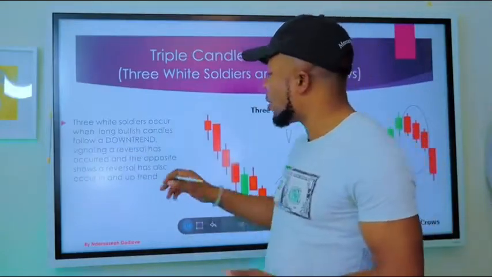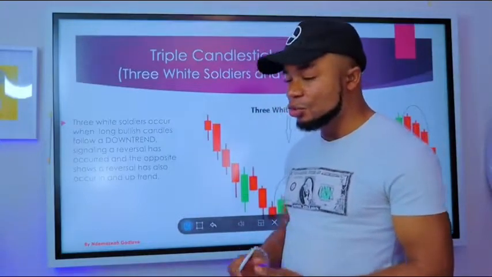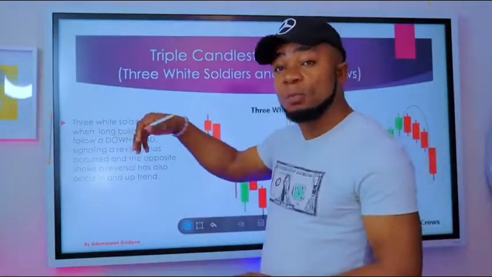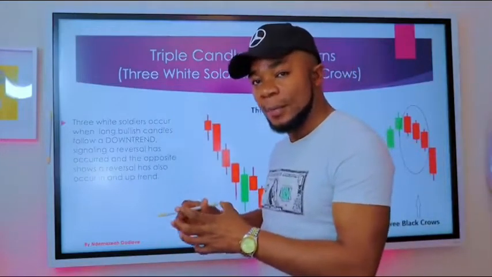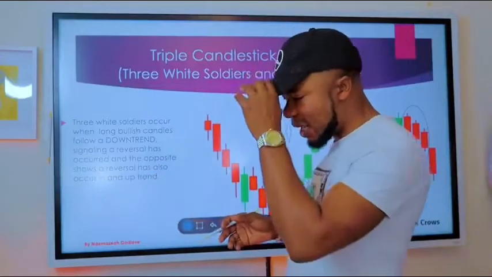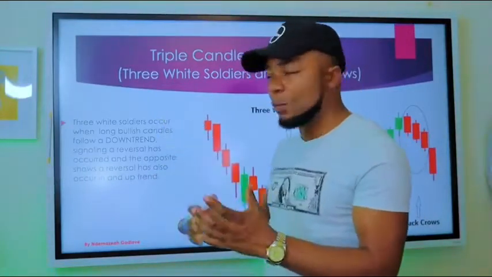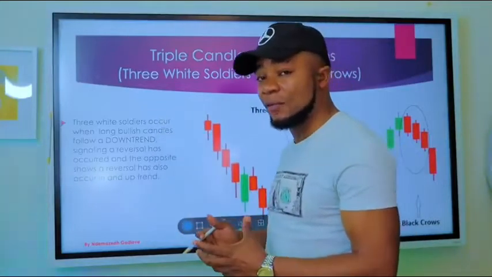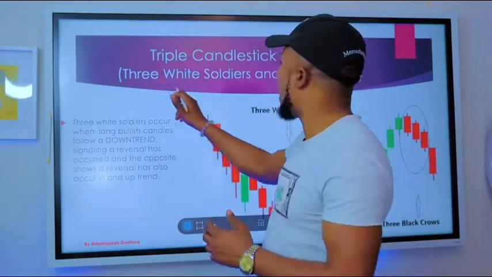So if we have a downtrend, then all of a sudden you see three long bullish candles occur. That's why they call them the white soldiers. Some bullish three candles come out of nowhere. That is a reversal sign, and that is called the white soldiers.